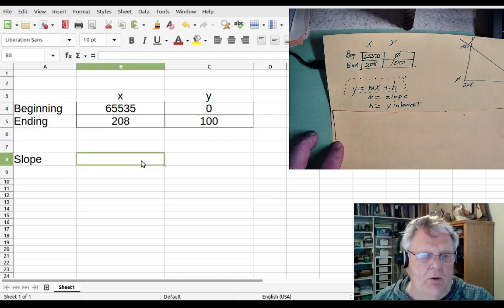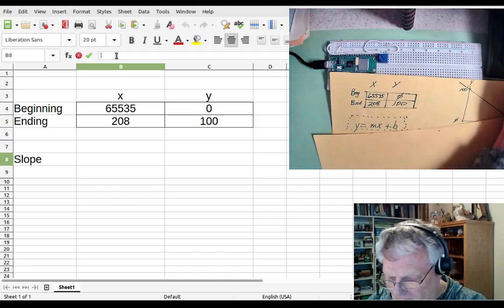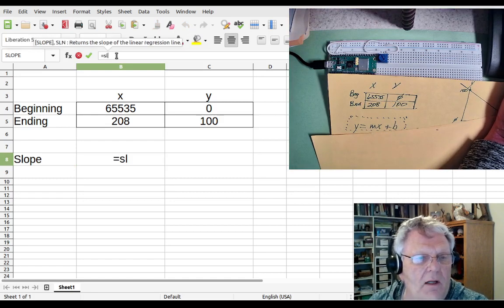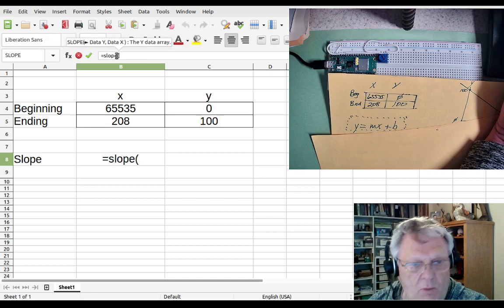There's also a way to go into a spreadsheet file and calculate the slope very easily. What you do is come to a cell here and start your formula with a function called SLOPE. Put a paren in.